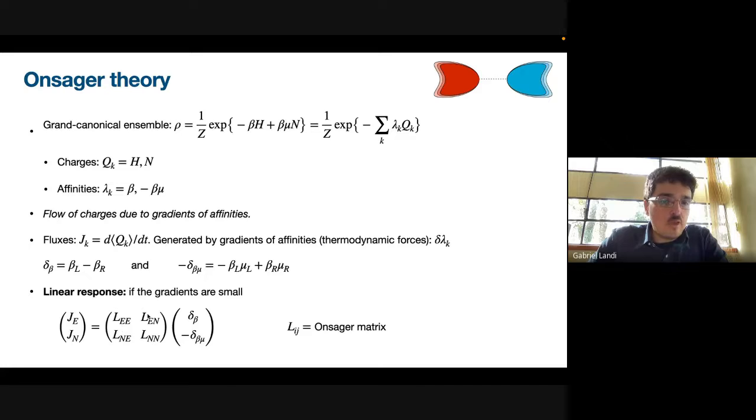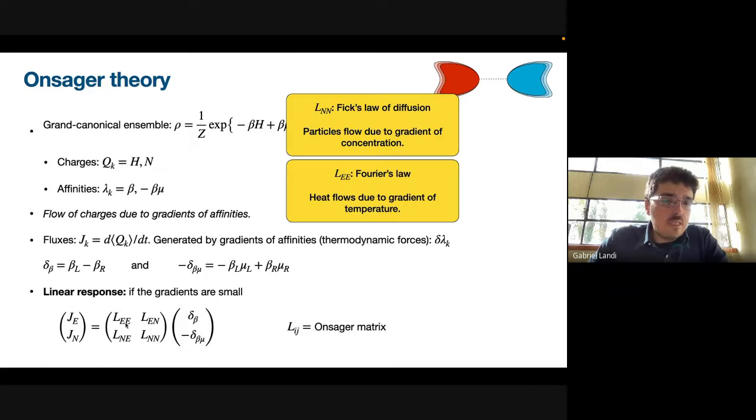So, for example, these two coefficients, LEE and LNN, are related to the famous Fick's law of diffusion and Fourier's law of heat conduction. So LEE, for instance, is how heat flows due to a gradient of temperature. So it's Fourier's law. And LNN is how particles flow due to a gradient of concentration, which is Fick's law.